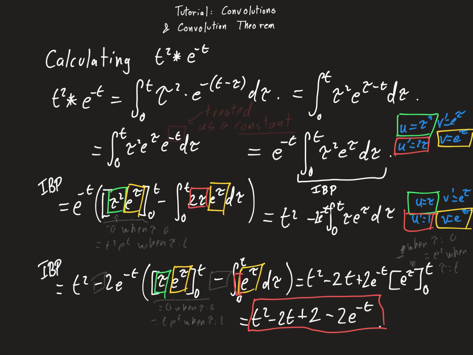Second, you may need to use integration by parts whenever you are using convolutions. That happens, I would say, relatively frequently, so be prepared to do so. And third, be careful when you are plugging in your limits of integration. It is very easy to assume that it's always going to be 0 when you're plugging in 0. It was 0 here, it was 0 here.